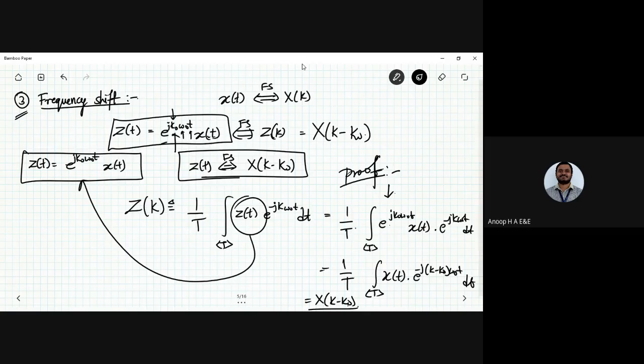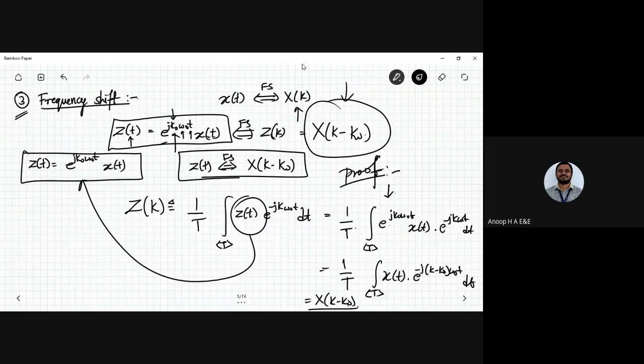So I have a frequency shift in the complex Fourier coefficients, where z of k will be equal to x of k minus k naught. Once I have a shift in the complex Fourier coefficients, that is x of k minus k naught, what is the shift you can expect in z of t? That would be e power j into k naught into omega naught into t into x of t.